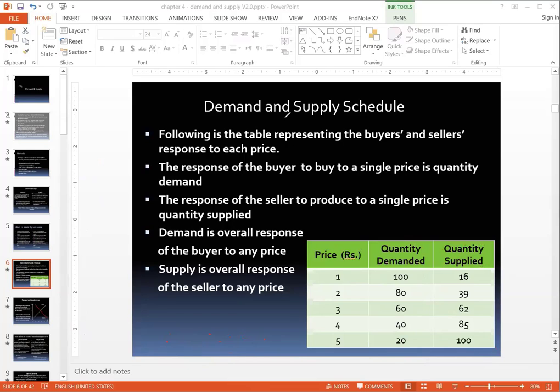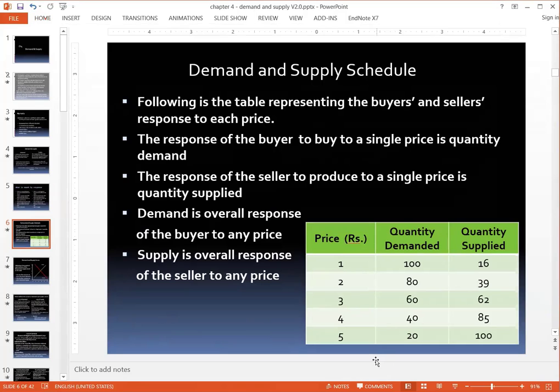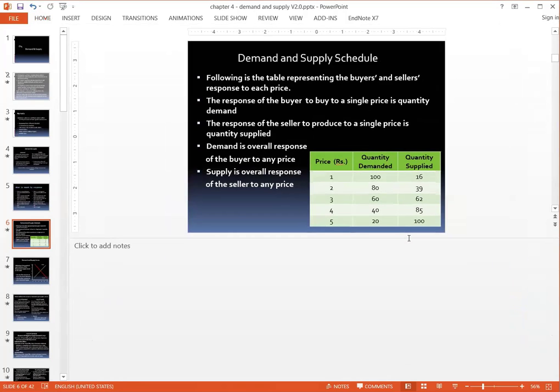So demand is actually, let me write it here so that you can see the answer. Demand is how a buyer is responding to any market price. So demand will tell us the general behavior.